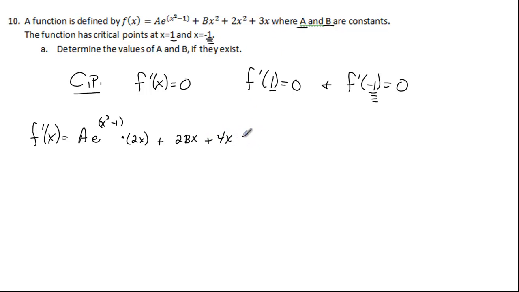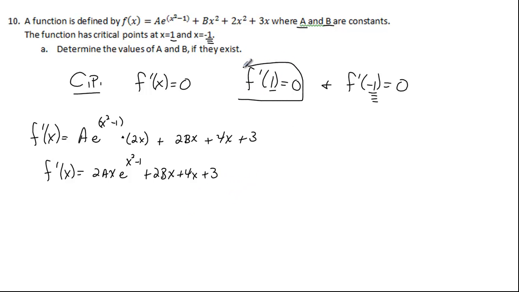The derivative of 3x is just 3. So cleaning this up a little bit, f prime of x is equal to 2ax e to the x squared minus 1, plus 2bx plus 4x plus 3.